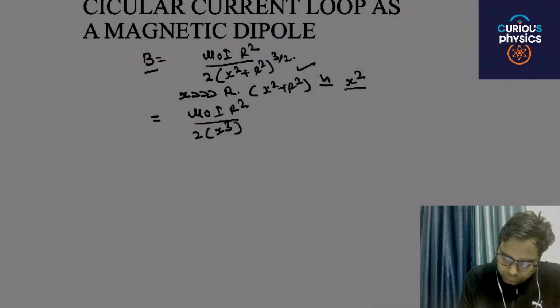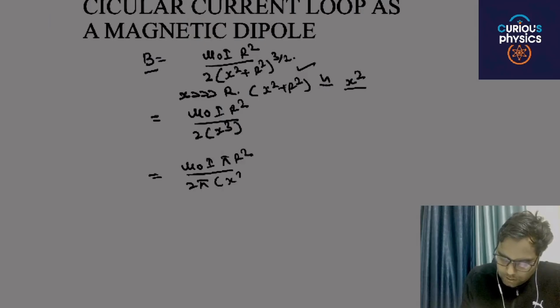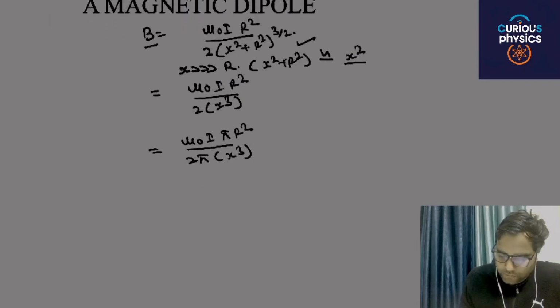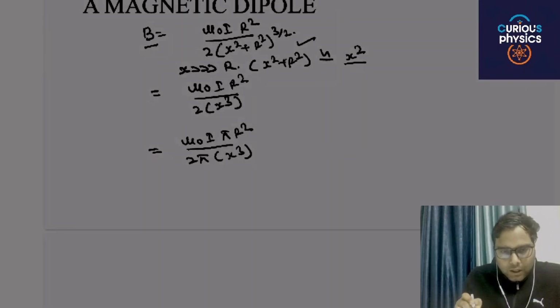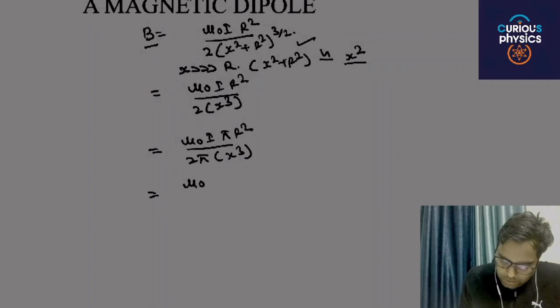Now multiply and divide by pi, you will get mu naught I pi r square divided by 2 pi x cube. Now multiply numerator and denominator by 2, you will get 2 mu naught I pi r square divided by 4 pi x cube.